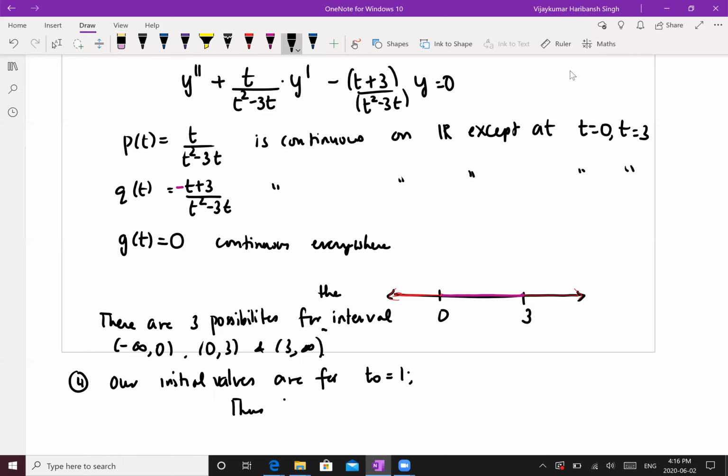Thus, the interval is this interval here, 0 to 3, because that's where 1 lies. So this is the idea behind the linear second order differential equations. Thank you for your attention.